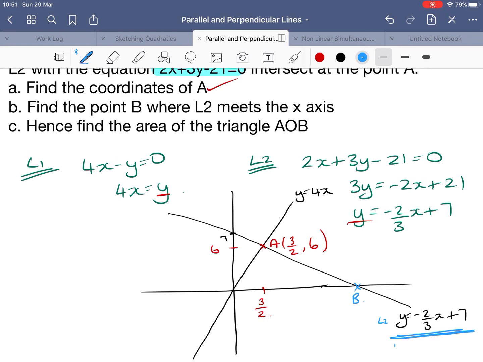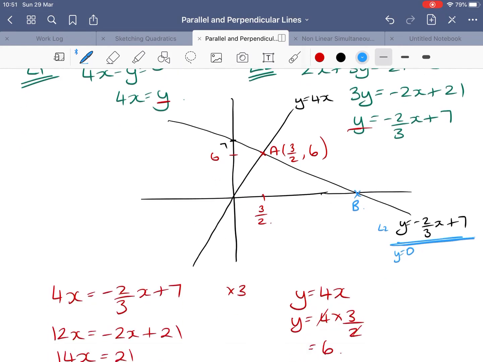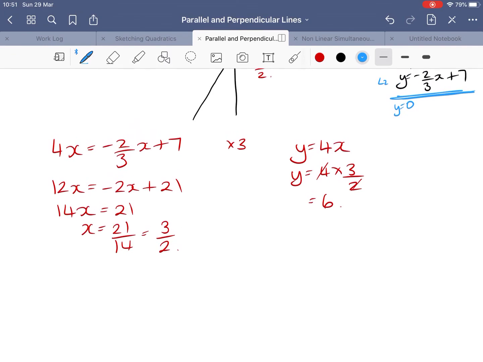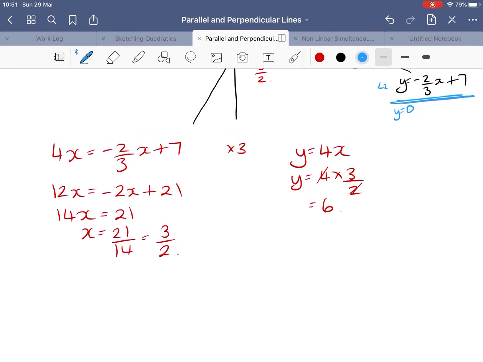When it meets the x-axis, y is 0. So what I have to do is, I have to say, coming down all the way from here, 0 equals minus 2/3 x plus 7. Okay, because on the x-axis the y is 0.